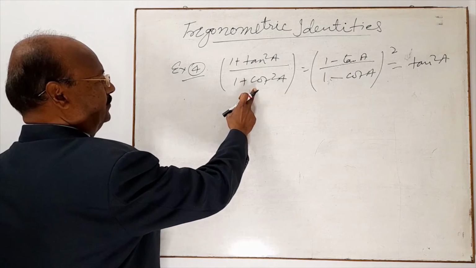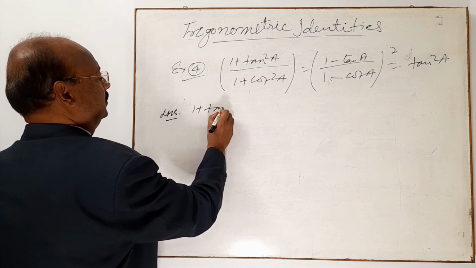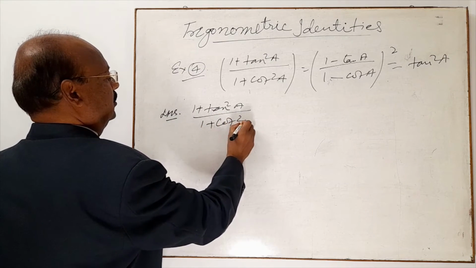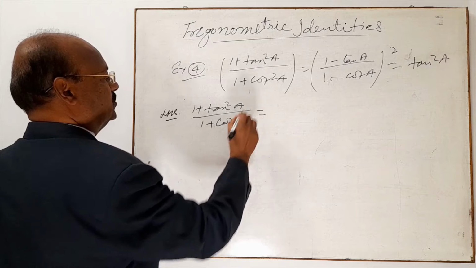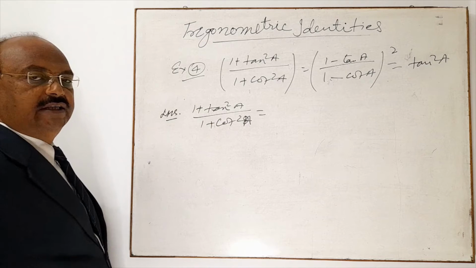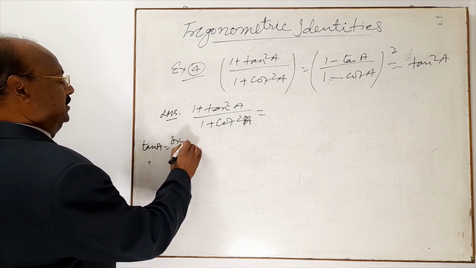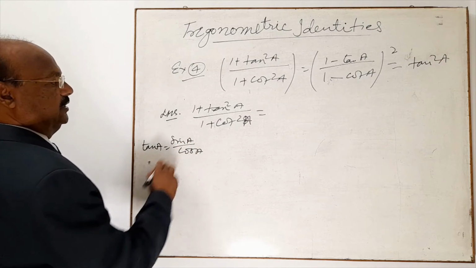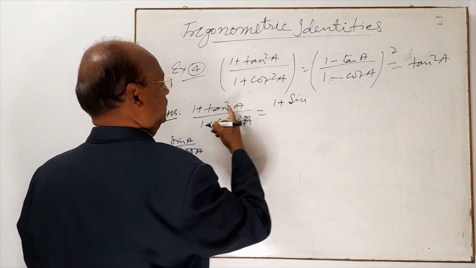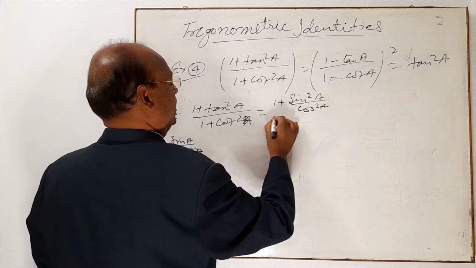You see, here the first term, the left hand side, is (1 + tan²A)/(1 + cot²A). And you know, tan A can be written as sin A by cos A. So here the numerator can be written as 1 + sin²A/cos²A.